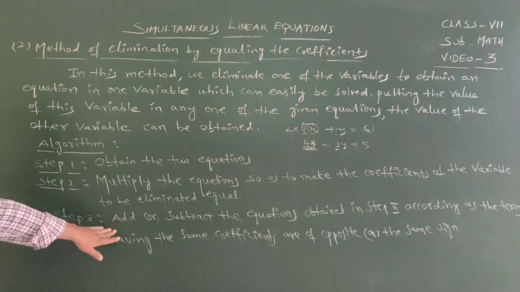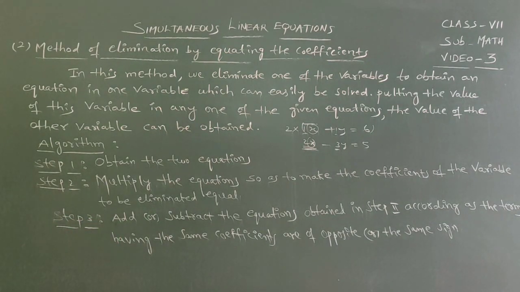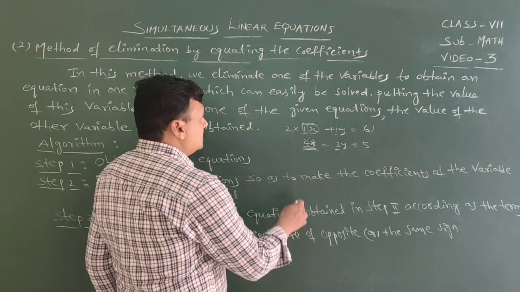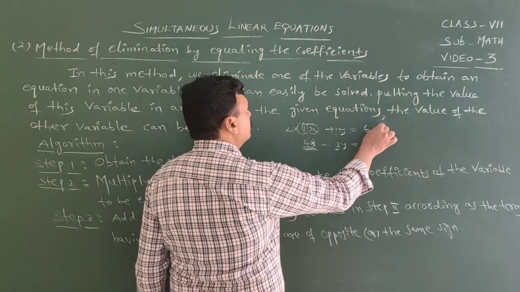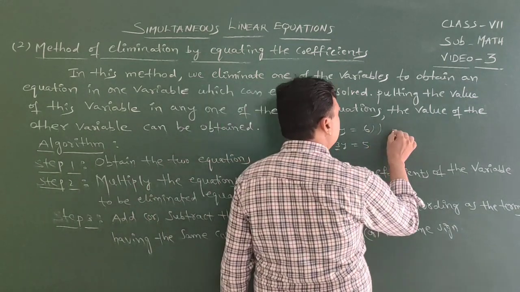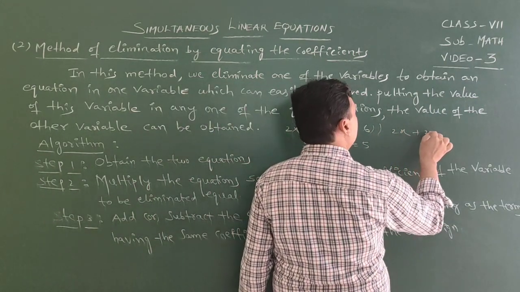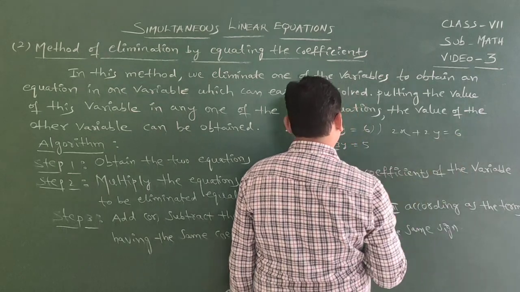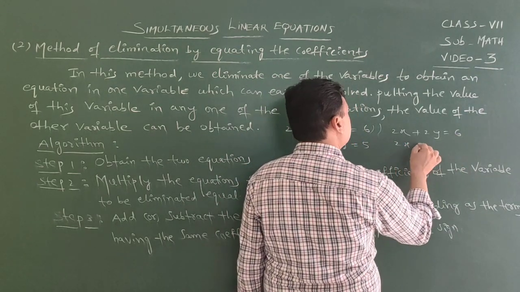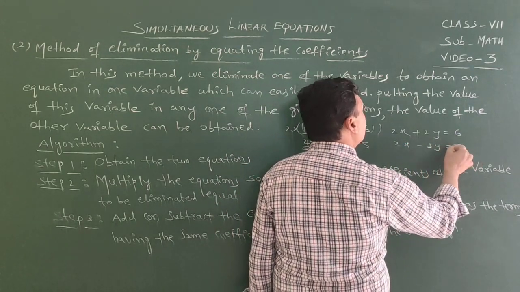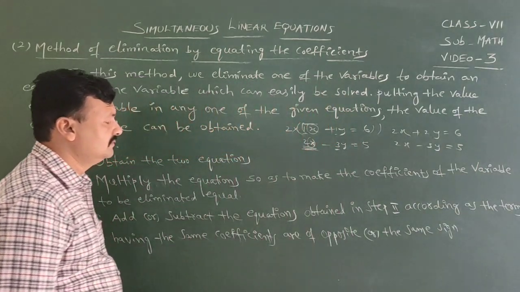At that situation we can eliminate one of the variables by adding or subtracting the equations obtained in step 2, according as the terms having the same coefficients are of opposite or the same sign. Here if you multiply by 2, this equation becomes 2x plus 2y equal to 12 and here 2x minus 3y equal to 5.